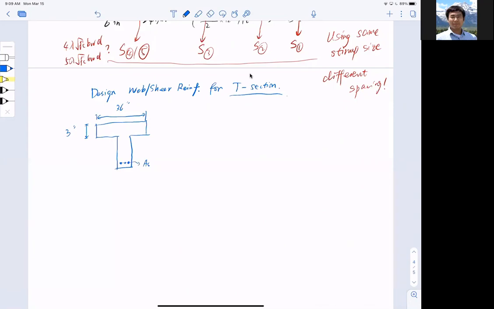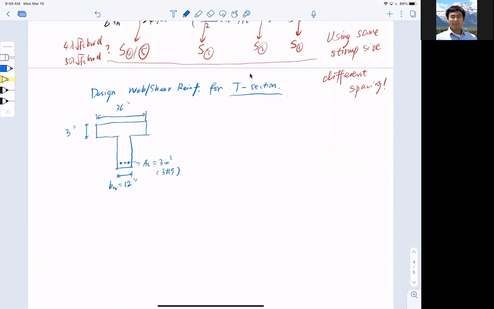But since this is not flexure, it doesn't matter for us. For the sake of simplicity, let's just say it's 3 number 9 bars. And the width of the web here, bw, is 12 inches.